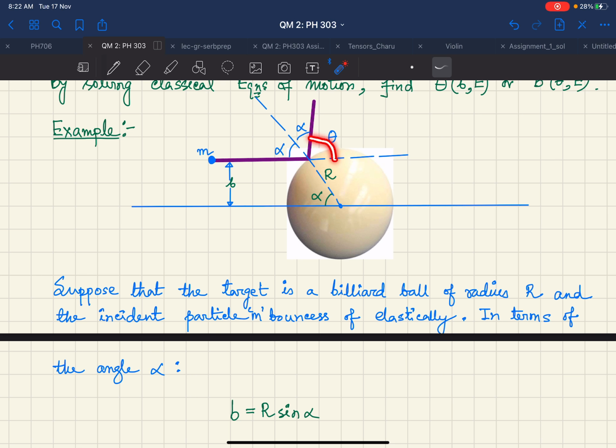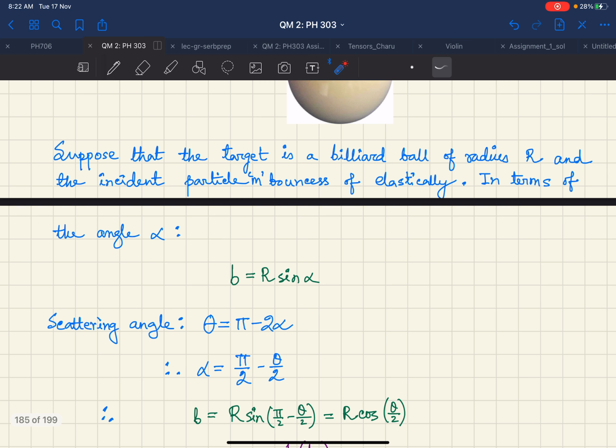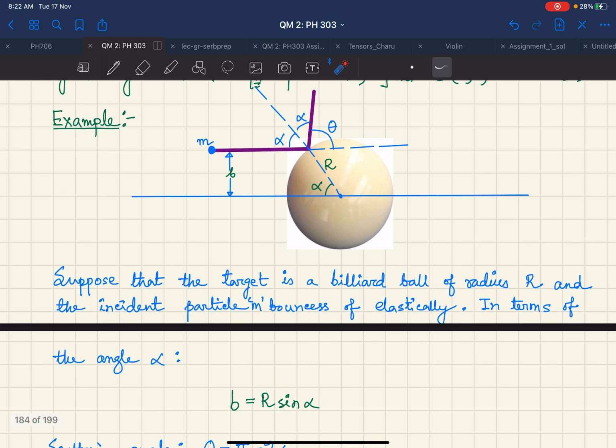The angle between the incoming and outgoing trajectory is basically your scattering angle theta. You can clearly see from this figure that theta is pi minus twice alpha, because this is an elastic scattering. You have this angle as alpha, therefore this is alpha, and this also is alpha.